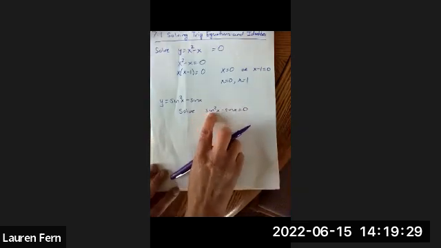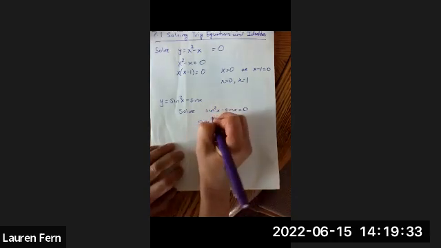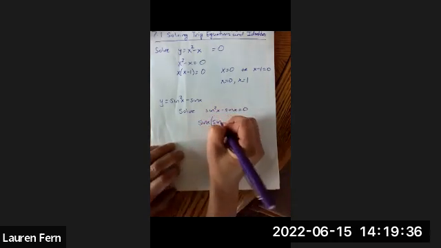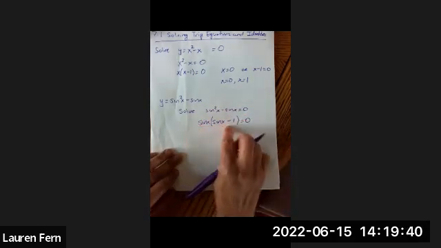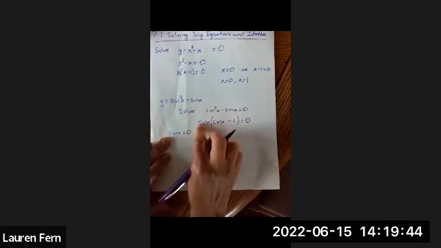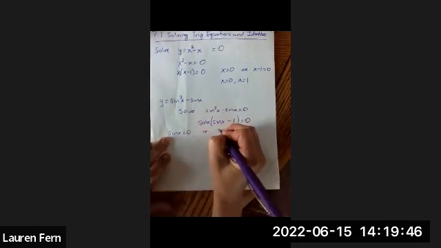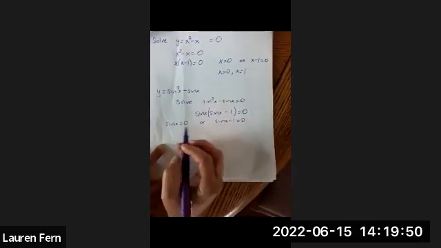Notice we have this squared, we have just one of them. I can pull out a sine x, and if I factor that out, I'm left with sine x minus 1. I still have my 0 property. I can say, well, either the first term is equal to 0 or the second term is equal to 0.